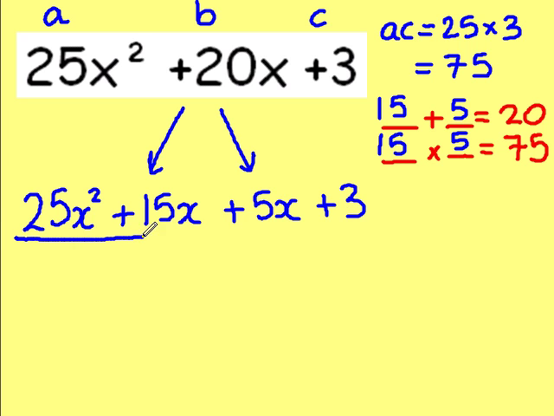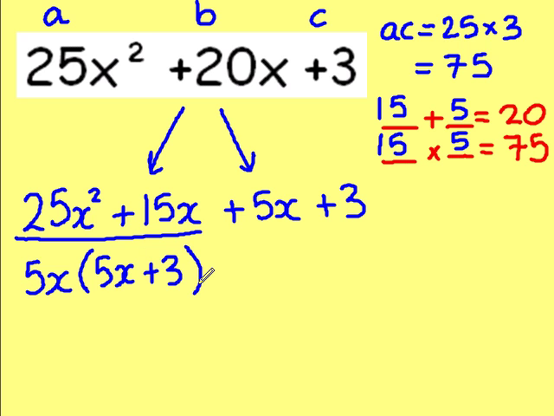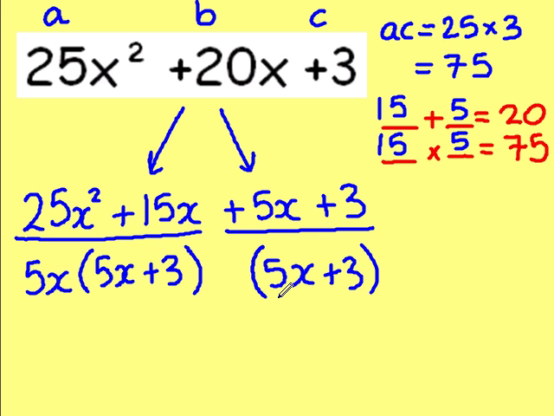Factorising the front, 5 is the largest factor and x, leaving me with 5x plus 3. Factorising the last two terms, well, I know I'm going to have my repeated factor 5x plus 3, in which case it's only being multiplied by 1.